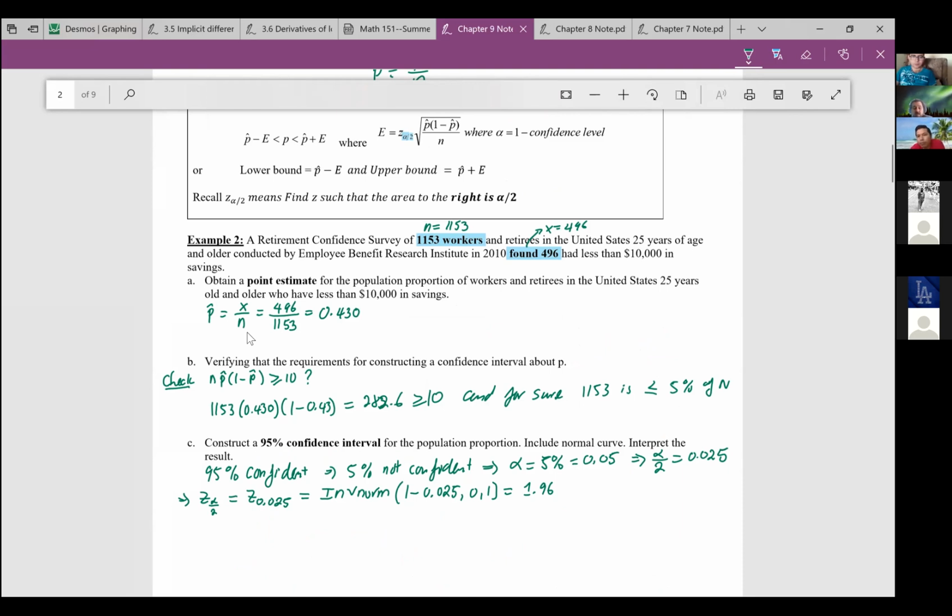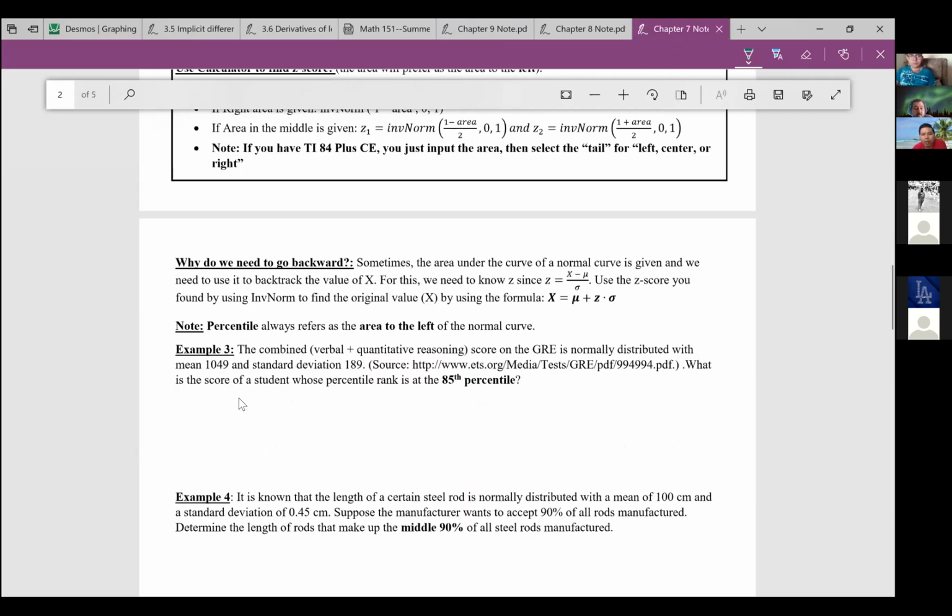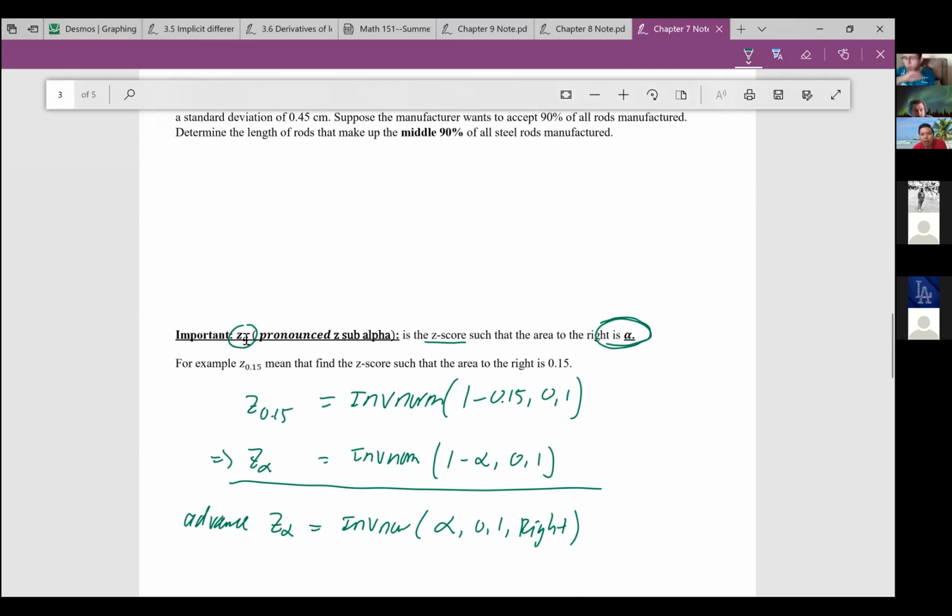It's a silly one. On number C, I get everything, I get the formulas. When you go inverse norm, I have an advanced calculator, so it's 0.2501, then right, correct? Why is it right? I'm not seeing why we're doing that. Because anytime Z alpha over 2, it will always focus on the area to the right of alpha.